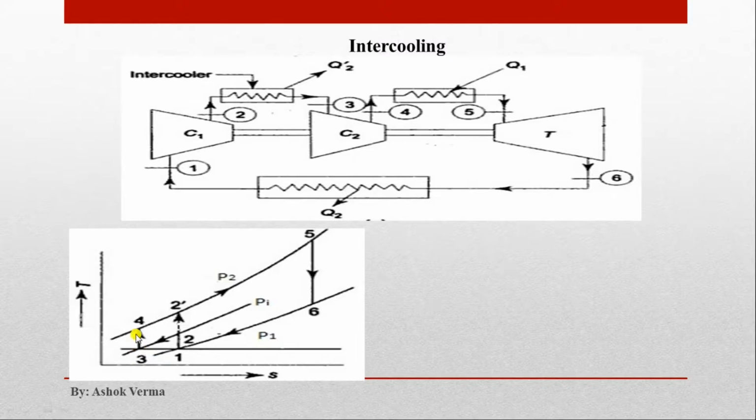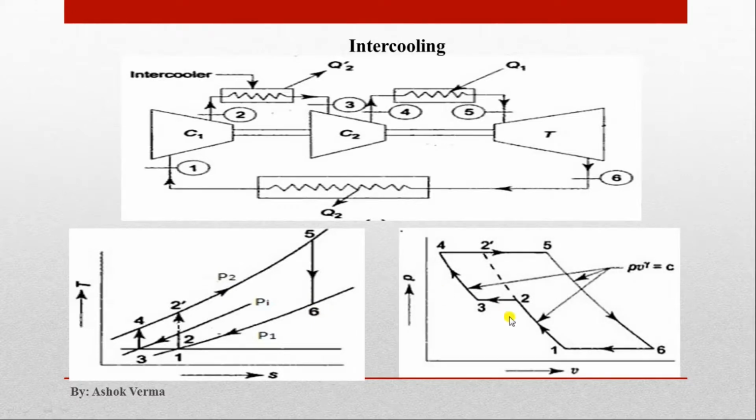And then again we will increase the pressure till the required pressure, and then this will go for the constant pressure heat addition, and then expansion and heat rejection. And this is the PV diagram. In the PV diagram you can see process 1 to 2 is isentropic compression, then heat rejection.